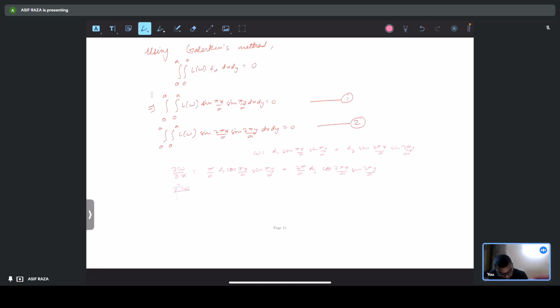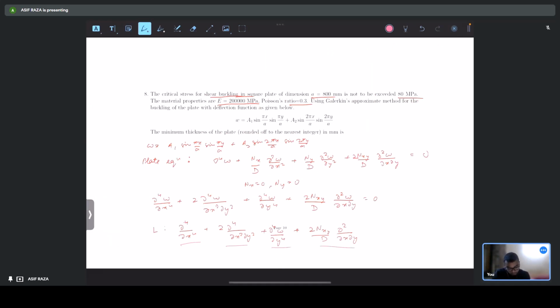Now del square W by del x del y would then become equal to (pi by a) whole square a1 cos pi x by a cos pi y by a plus (2 pi by a) whole square a2 cos 2 pi x by a cos 2 pi y by a. Okay, so I have got one term.